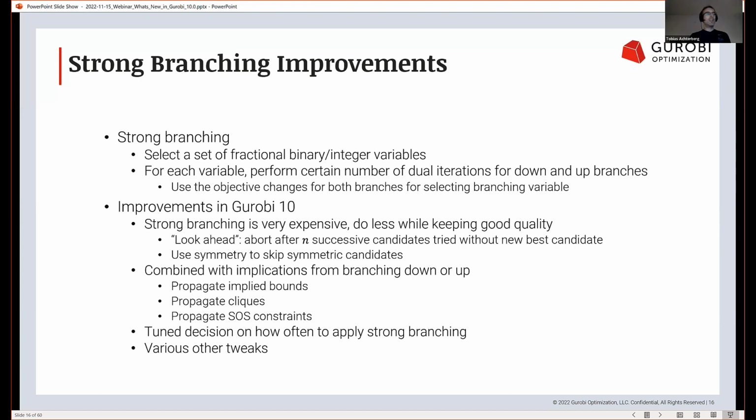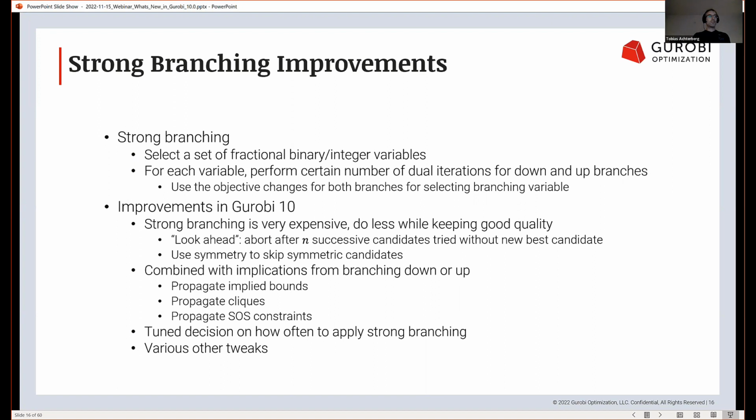Then you select the variable that improves the objective function the most in both directions. For each of the variables, you perform a certain number of dual iterations in the down branch and the up branch, and then the objective changes tell you which variable is the best.